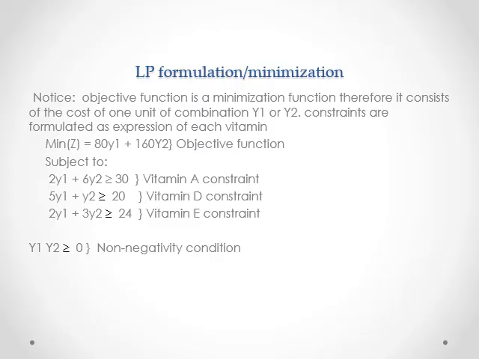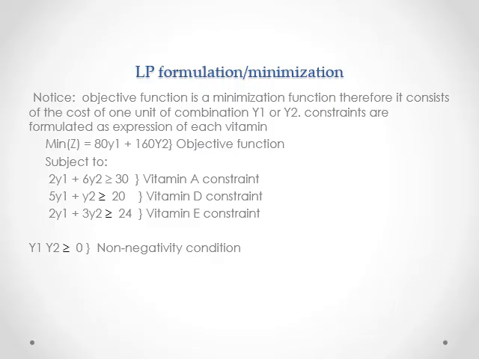This is known as the objective function for minimization. This objective function should minimize the cost of production of combination 1 and combination 2.